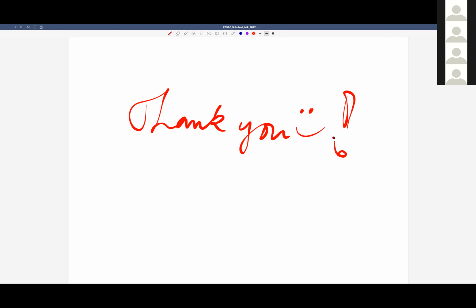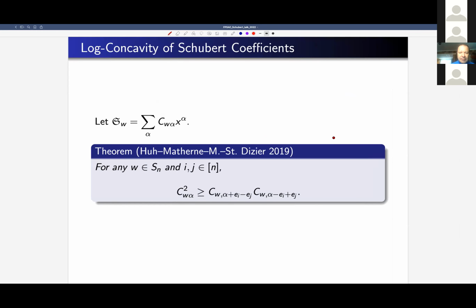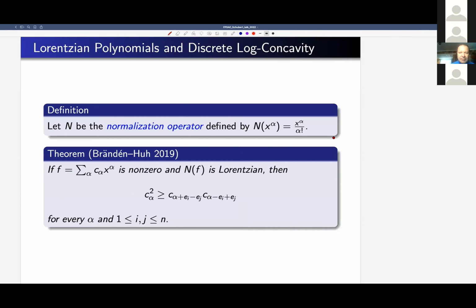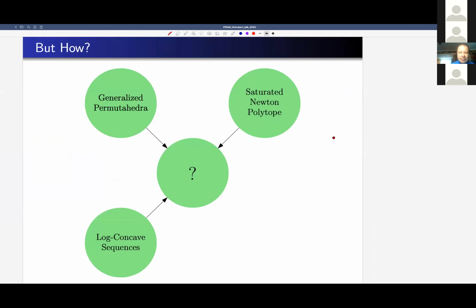Hi, Karola. Thanks for the lovely talk. Who am I talking to? Hello, I don't see you or know who you are. Oh, sure. Zachary Hamaker here. Oh, hello, Zachary. Hi. Can you go back to your conjecture about the poset structure on monomials for Grothendiecks? Yes, I'll be there in a second.